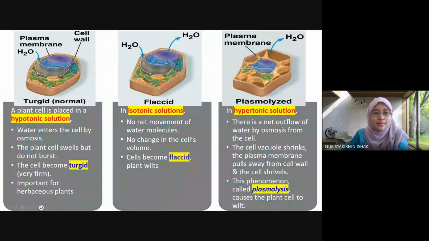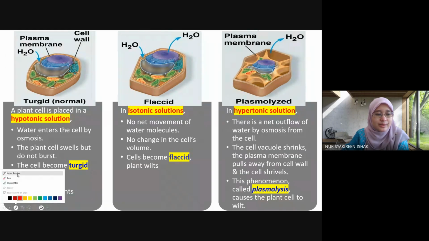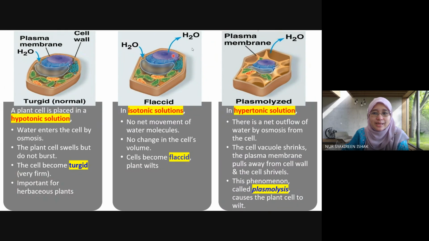But for plant cell, as you can see, if you immerse the plant cell in 3 different types of solution. For the first one, if the plant cell is in hypotonic solution, like the one we did in experiment 2, in experiment 2 you applied water to the leaf.